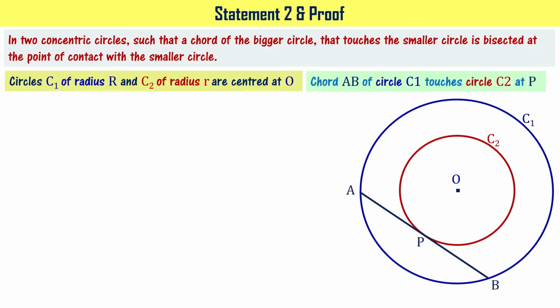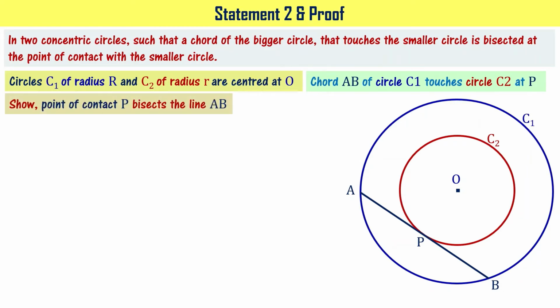And let's draw chord AB of circle C1 that touches circle C2 at point P. Now, as per the statement, we have to show that point of contact P bisects line AB into two equal parts. Bisects means that, right? Let's prove that AP equal to PB now.